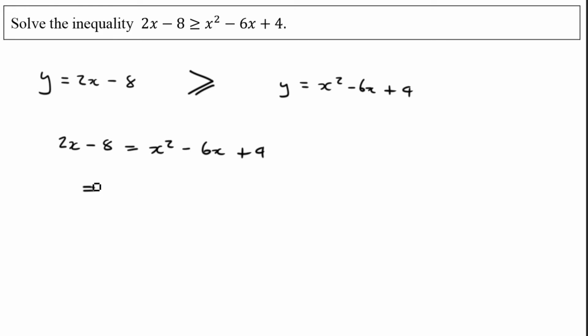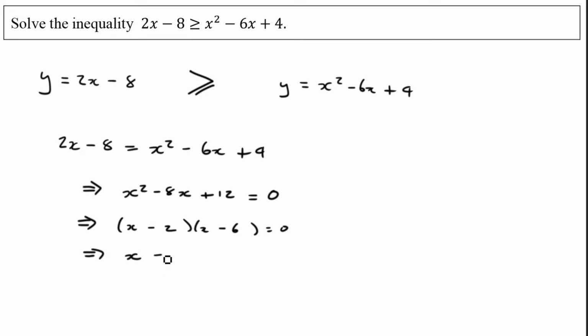If we subtract 2x from both sides, and add 8 to both sides, we will end up with this quadratic equation, which nicely for us does factorize into (x subtract 2)(x subtract 6), and therefore the points of intersection are where x is 2 and where x is 6.